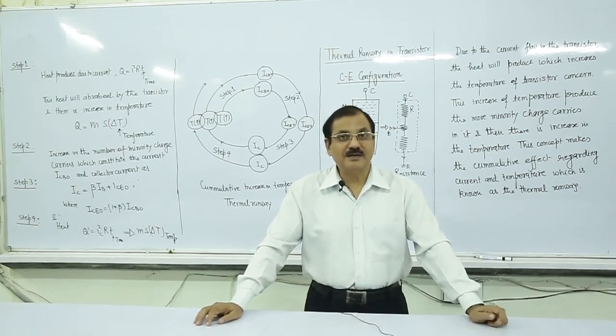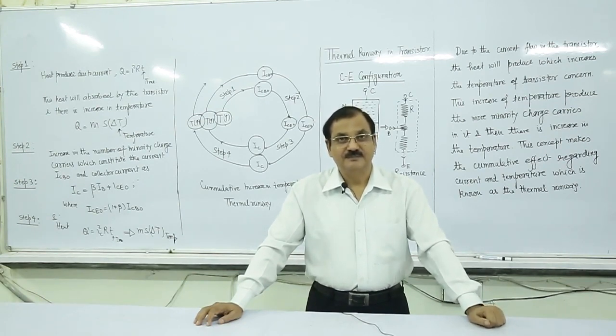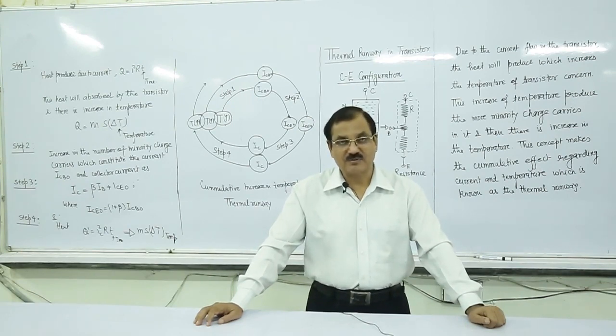Due to this thermal runaway, the transistor will not be stabilized. So today we will discuss what thermal runaway is and how it can be removed or the transistor stabilized in common emitter configuration and in other ways.